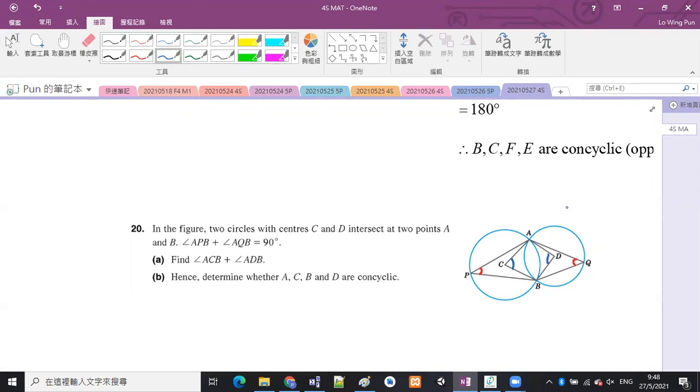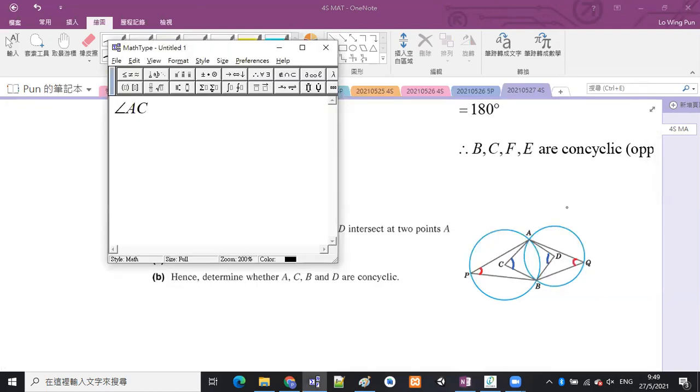So I think it's quite obvious that this angle ACB is an angle at center, which is looking at the arc AB for the circle on the left. Okay, and then APB will be the corresponding angle at circumference. Okay, so we know that angle ACB should be equal to 2 times angle APB.